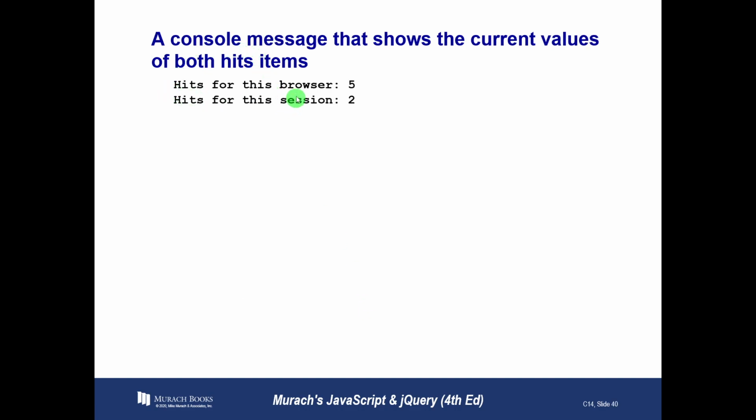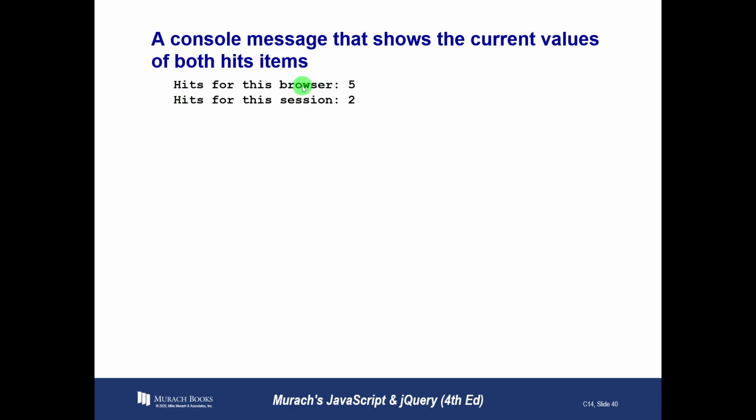Local storage is persistent. Session storage is not persistent. So here's an example, and the way this example was generated is that somebody loaded this page 3 times from this browser, then they shut the browser down. Now when they shut the browser down, session got reset to 0. Then they opened it back up and loaded this page 2 more times.